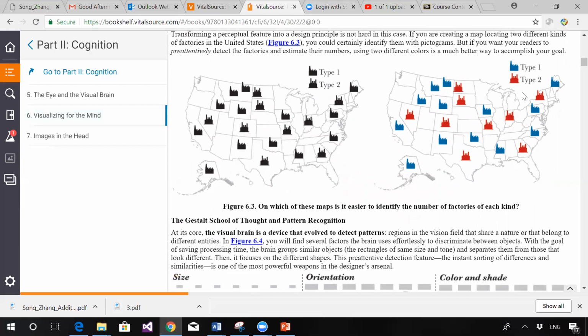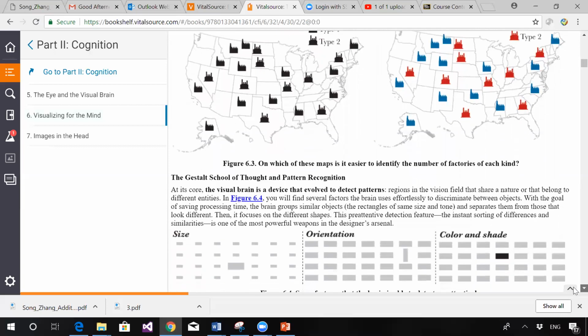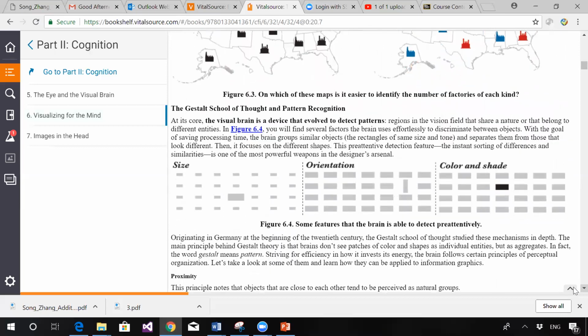But if we draw different shapes also with different colors, then this becomes much easier. In other words, our eyes and brain work in a way that makes it very easy to detect the shade difference, the color difference, rather than the shape difference in this example.